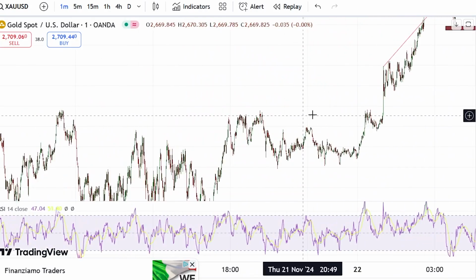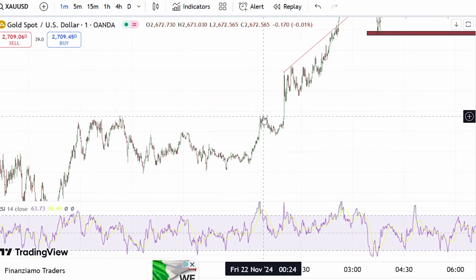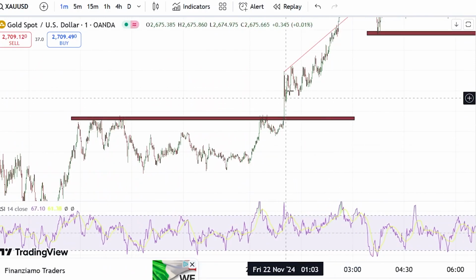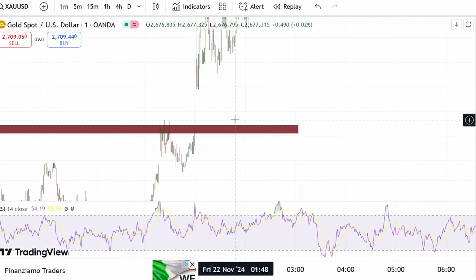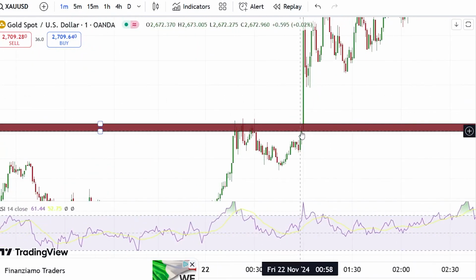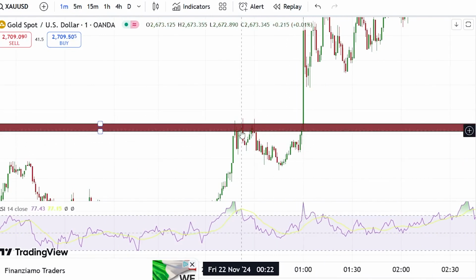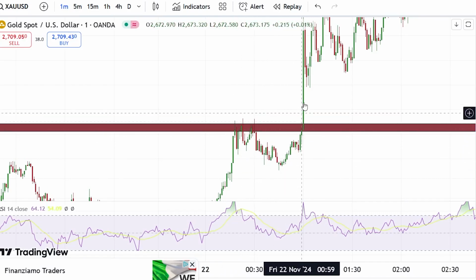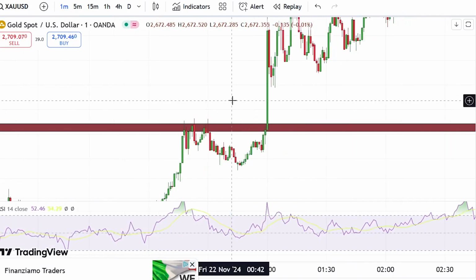Here this resistance zone, spike, very strong breakout. You see, we expected the price to be rejected from this resistance zone, but without respecting it, or with some minor corrections, the price crosses it with a very strong candle.